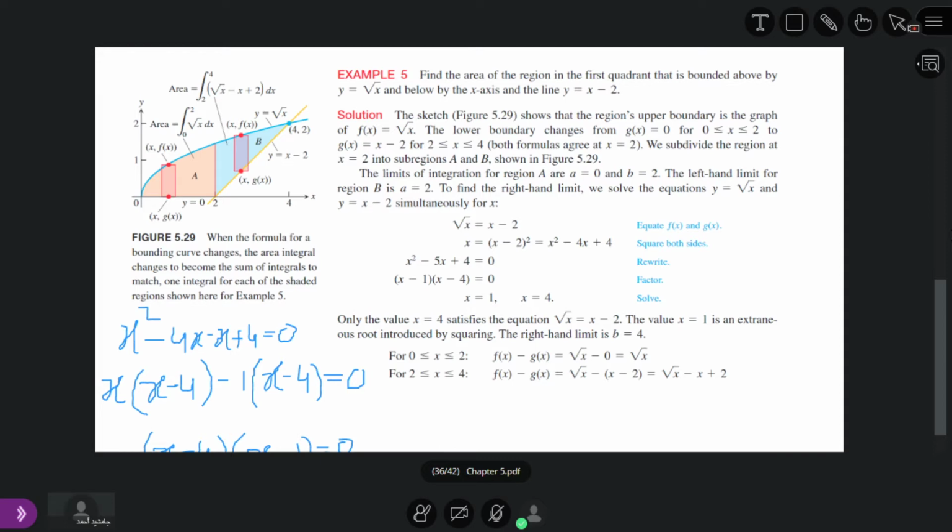If x minus 4 is equal to 0, we get x is equal to 4. If x minus 1 is equal to 0, we get x is equal to 1. Either x is equal to 4 or x is equal to 1.